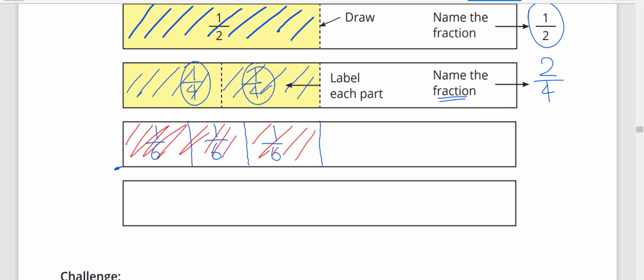Okay, if we complete dividing this, now we have 6 sixths. Okay, so how many parts do we use to make half? 1, 2, 3. How many sixths? Because we divided it into sixths. How many sixths? 3 sixths. Yes.